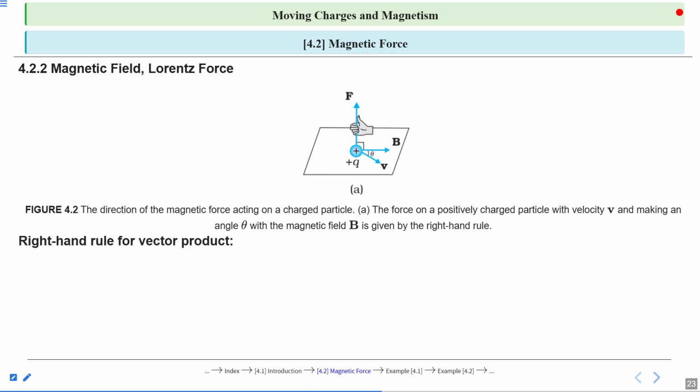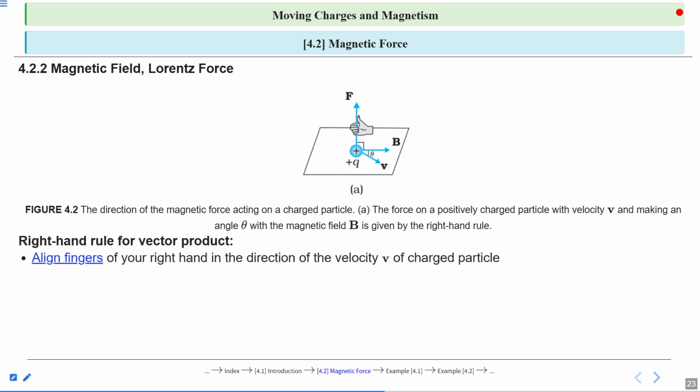What is the right hand rule for vector product? You have to remember this rule. This rule is applicable in the whole chapter. Align the fingers of your right hand in the direction of velocity v of the charged particle. Now curl them towards the magnetic field vector b.